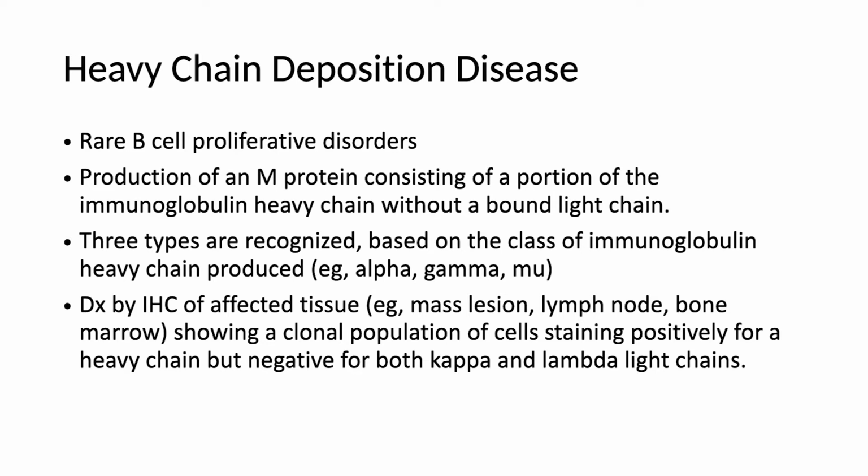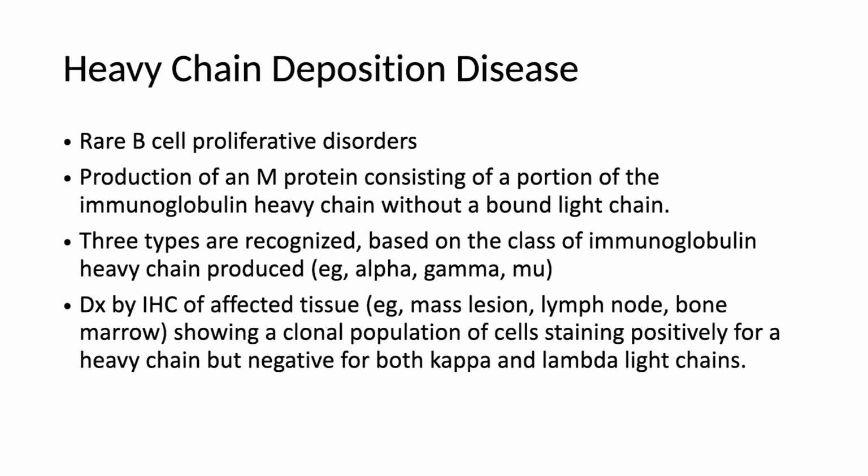Heavy chain deposition disease is very rare, and it's production of M protein just consisting of the heavy chain or a portion of it without bound light chains. So there are 3 types of heavy chain disease, and it's based on the class of the immunoglobulin heavy chain produced, and it could be alpha, gamma, or mu.